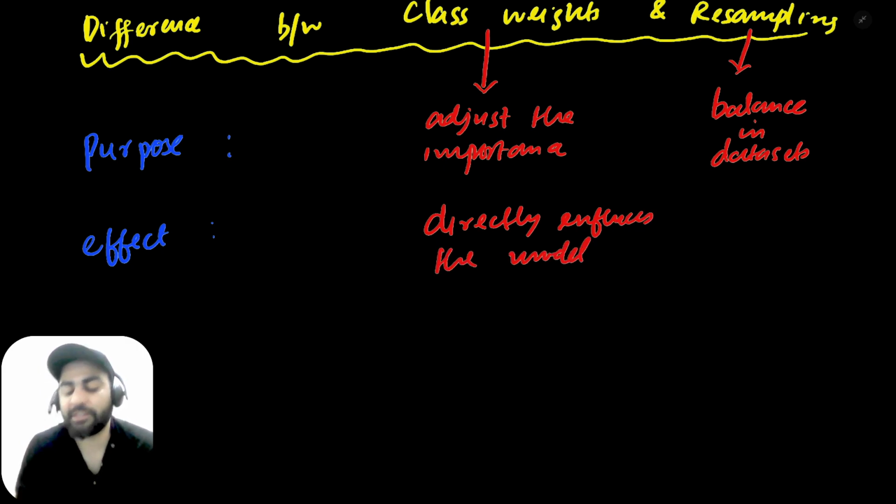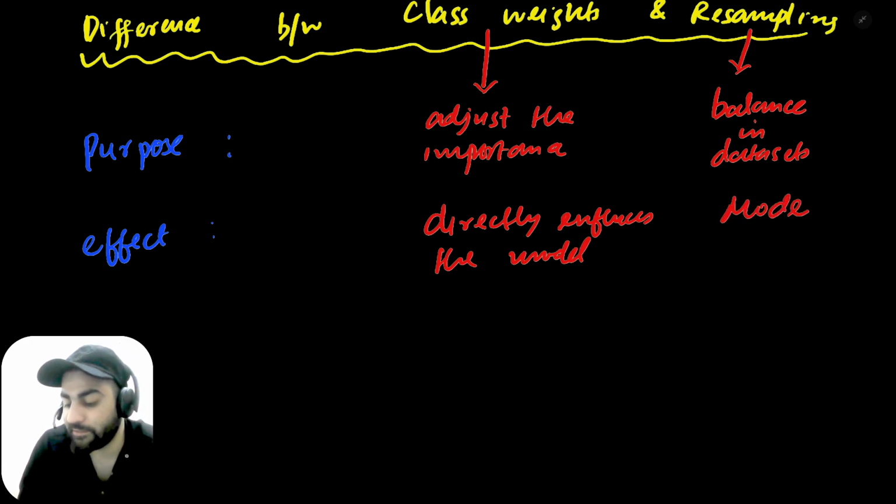Because in the loss function itself, you are giving these numbers, because you want your model to get biased towards certain things. That's why it directly influences the learning process of the model, so that you may not misclassify the minority class. But in resampling, you modify the distribution, and the model learns according to the distribution now.